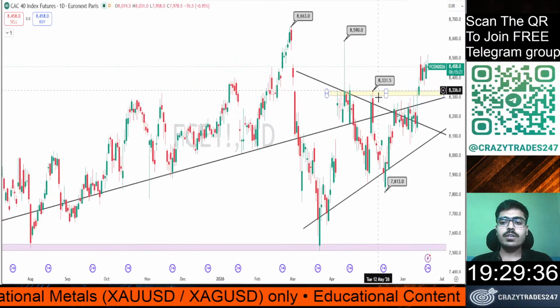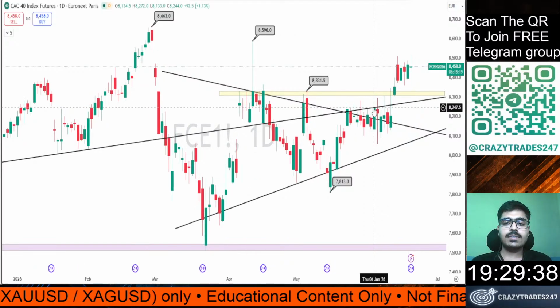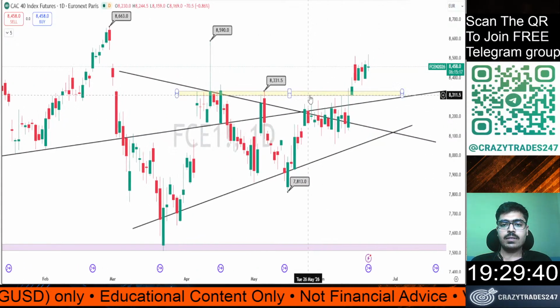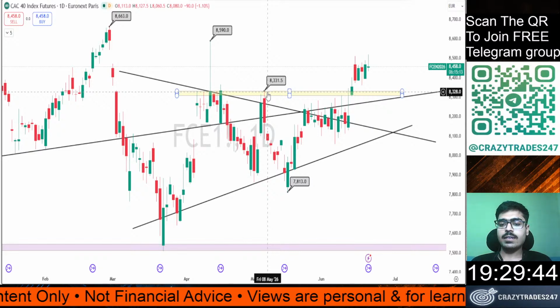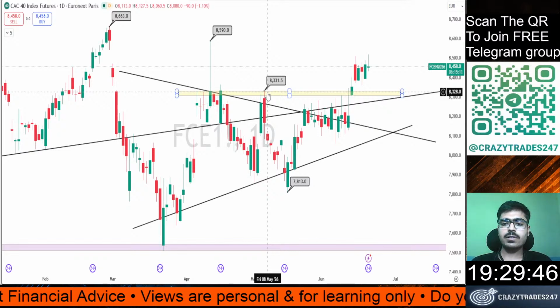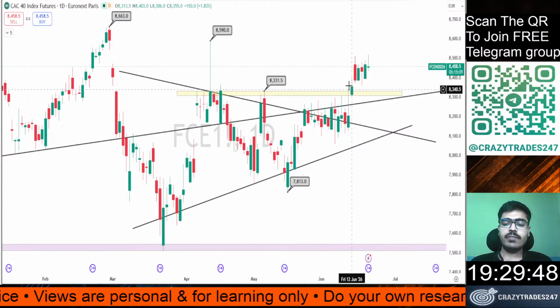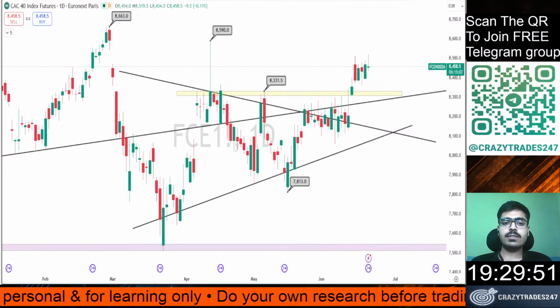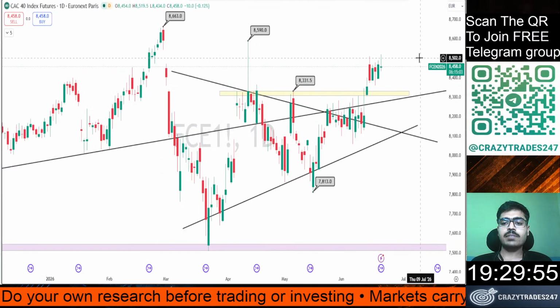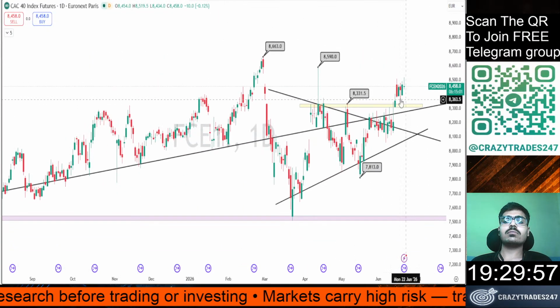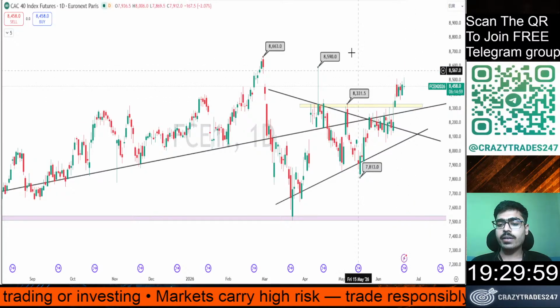This is the CAC 40 index, and price has given a breakout above 8,331. This level we have marked earlier, and after breakout it's consolidating in a sideways range. This breakout has already happened.